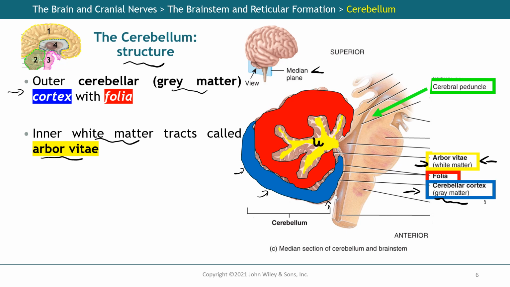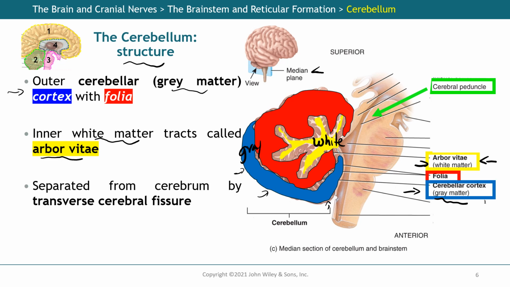Remember, here you will have white matter, and here you will have gray matter. Again, this is opposite to what we have in the spinal cord as we talked before. So in the cerebellum and cerebrum, the location of the white and gray matter will be opposite.